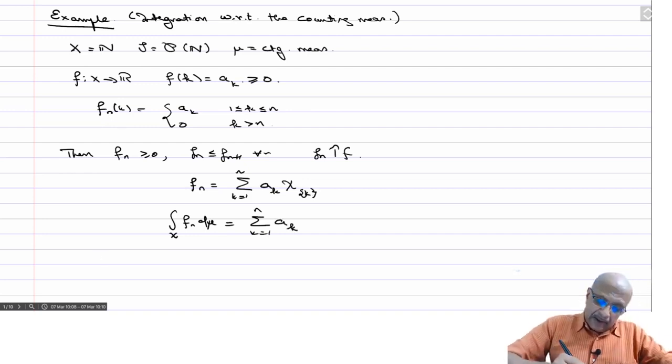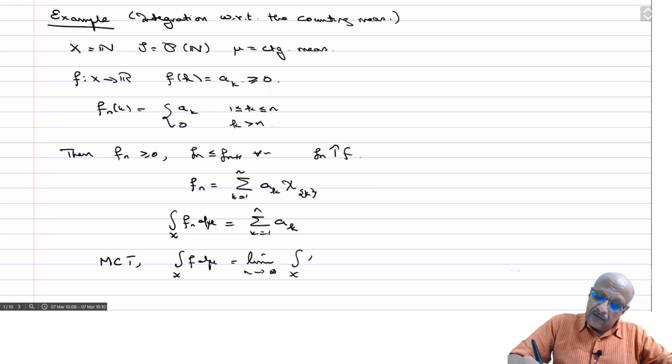Okay, then by the monotone convergence theorem, the integral over X of f d mu is equal to the limit as n tends to infinity of the integral over X of f_n d mu, and that is nothing but sigma k equals 1 to infinity a_k.